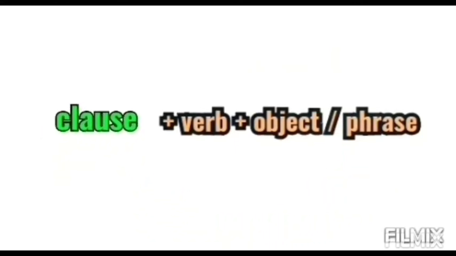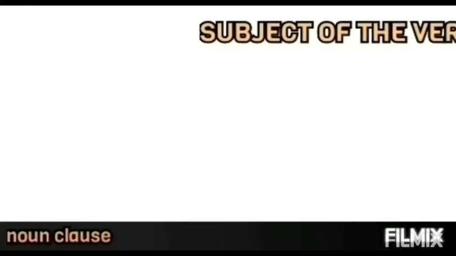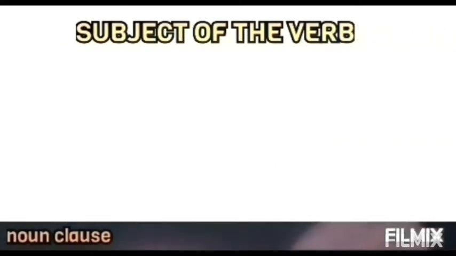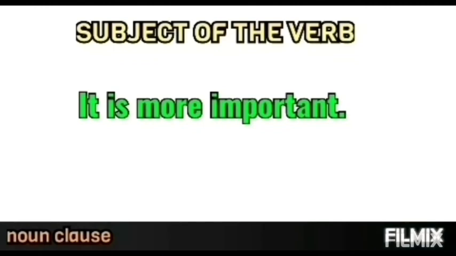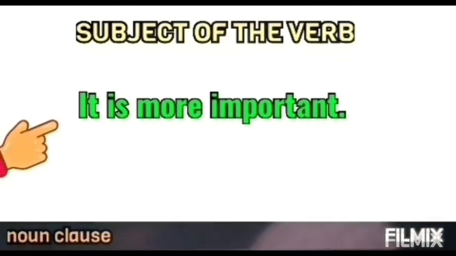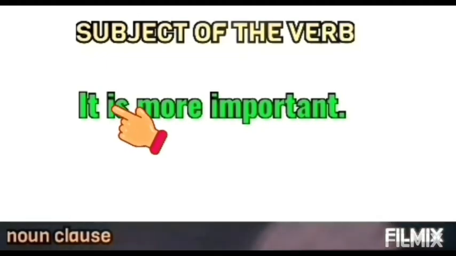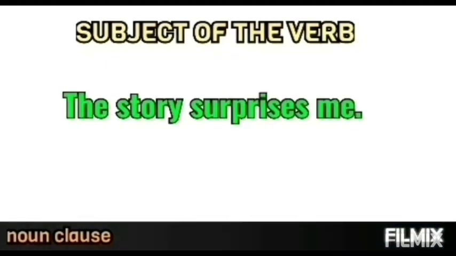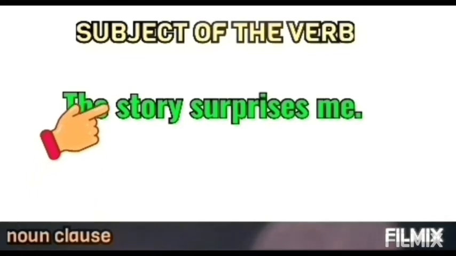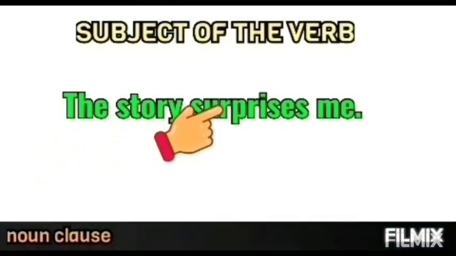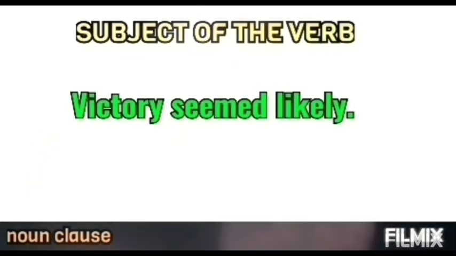Okay, so here is the first one, noun as subject of the verb. The first sentence: it is more important. So we are talking about it, so it is the subject of this is. The story surprises me. So the story is the subject of surprises. Victory seemed likely.